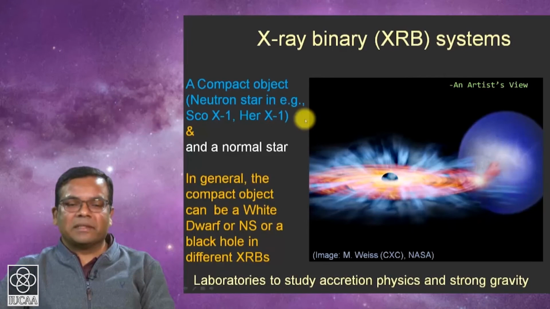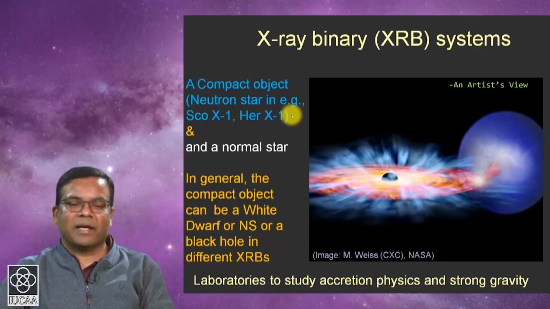The binary systems giving rise to strong X-ray radiation are known as X-ray binaries. In these binary systems, one of the objects is a neutron star, for example in Scorpius X-1, Hercules X-1, or Centaurus X-1, and the other is a normal star.